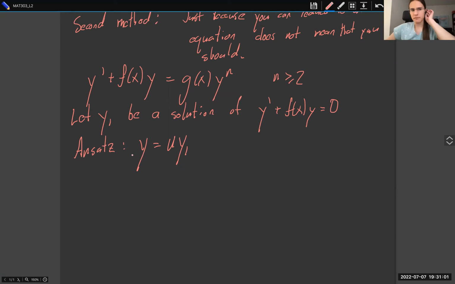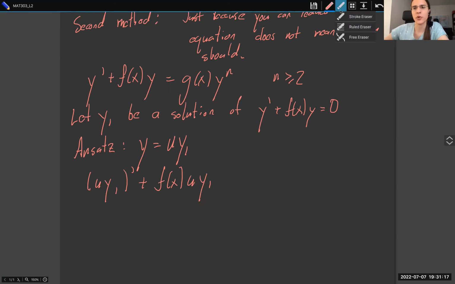So when I plug this in, what happens is that I get u y1 prime plus f of x u y1. I guess u is also a function of x, so you know what? I'm not going to write the x's.